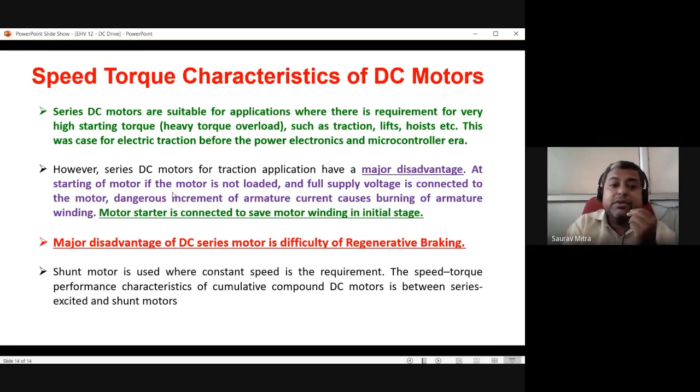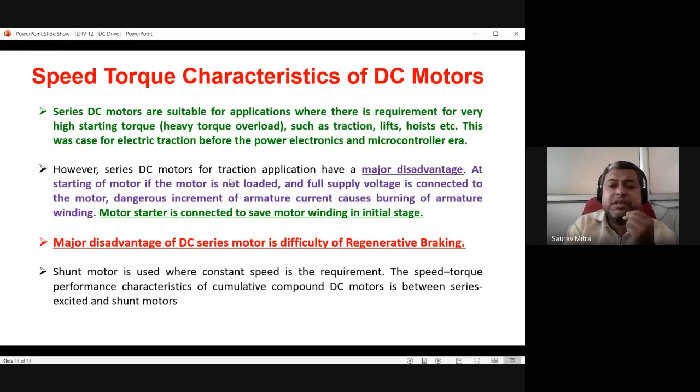At starting of the motor, if the motor is not loaded and full supply voltage is connected to the motor, a dangerous increase happens in the armature current, which will burn the armature winding. So there is a very big problem with DC series motor. A motor starter is connected to save the motor winding in the initial stage. Now this is another new circuit, which is a motor starter.